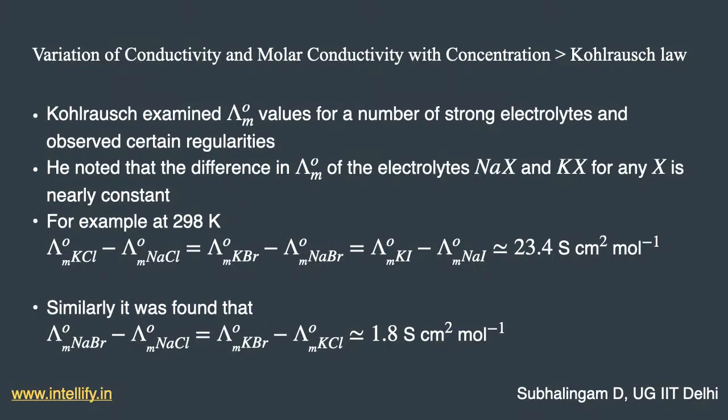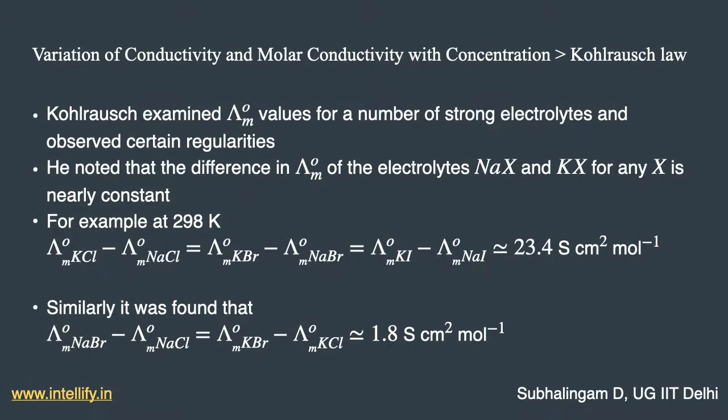The difference is 1.8 Siemens centimeter square mole inverse. So in the first case, we took X as constant and changed the metal ions, and in the second case, we are changing the halide ion and keeping the metal ion constant.